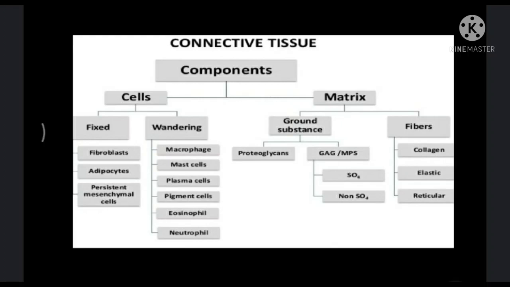Another cell is the mast cells. Mast cells are round or oval in shape, size is 12 nanometers, the nucleus is centrally located and small, and the cytoplasm is cytogranulous and basophilic. The function is to secrete histamine and heparin. That's the note mark point.